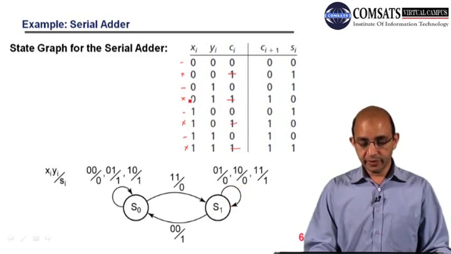Here, if I talk about this, 0, 1, you can see output sum is 0, and 1, 0, here sum 0, and here 1, 1, sum 1, and this is 1. So this is somewhat different.